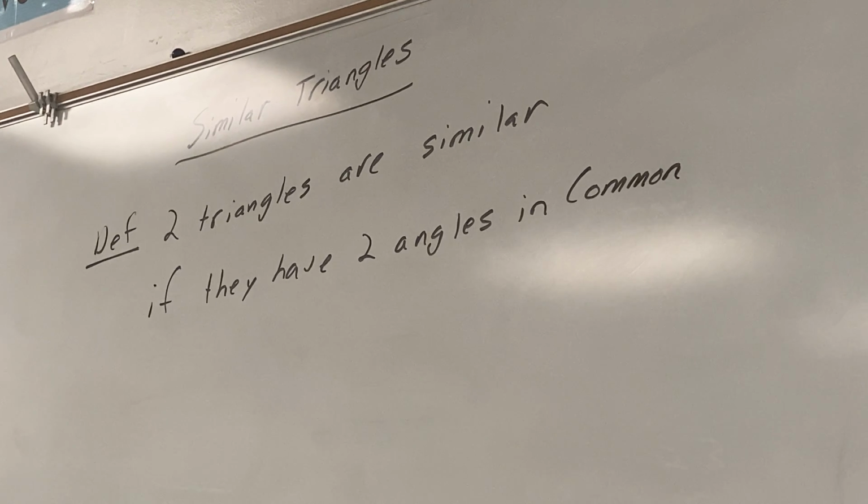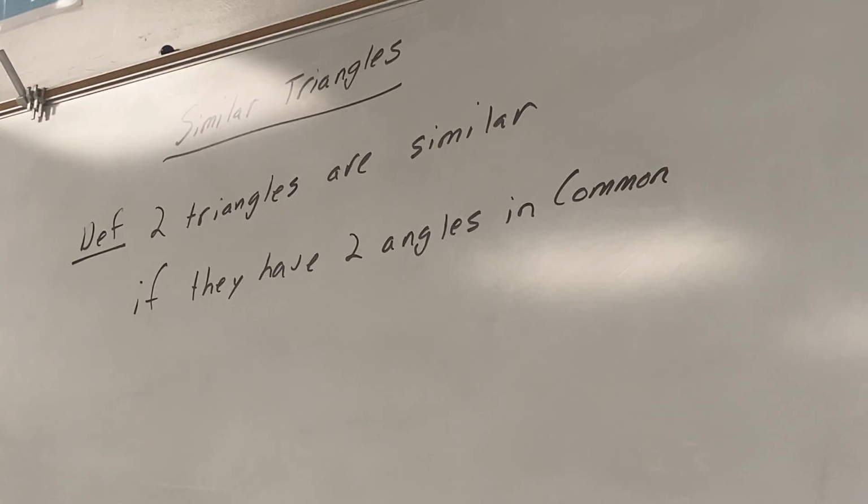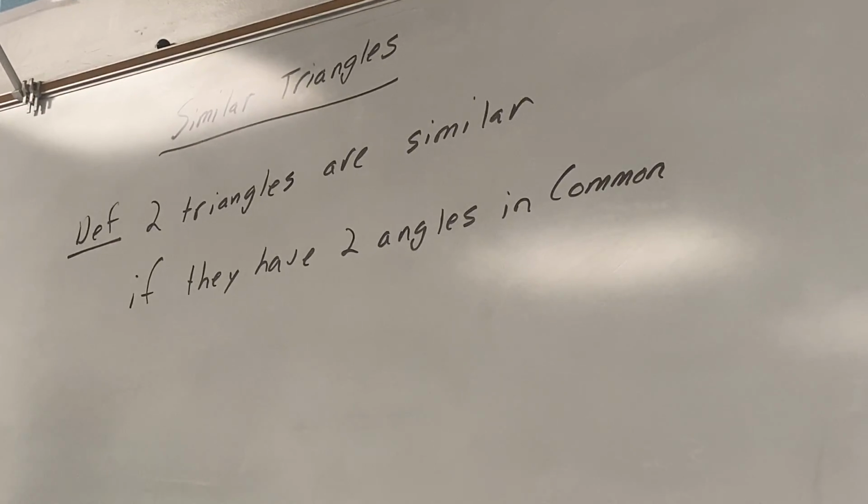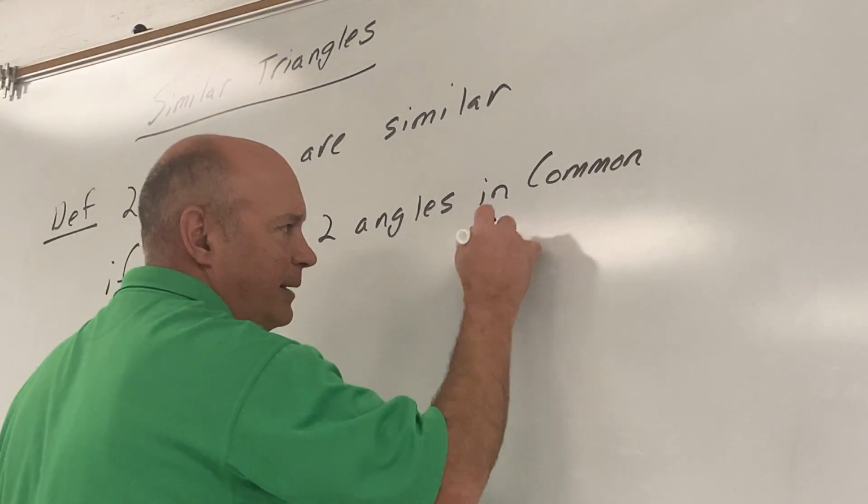So there's the definition. Two triangles will be considered similar if they have two angles that are the same. In common, let's put two angles the same.